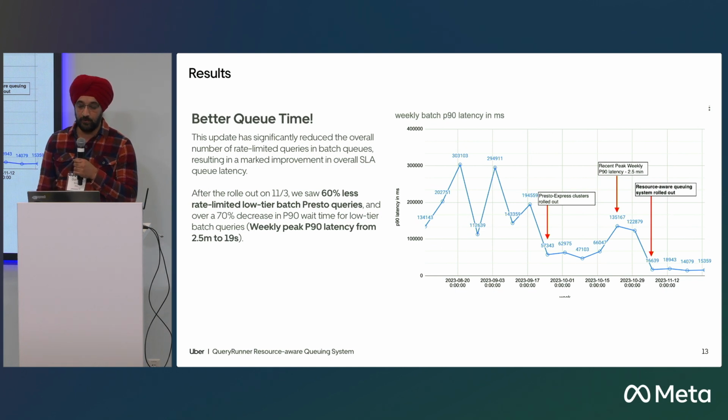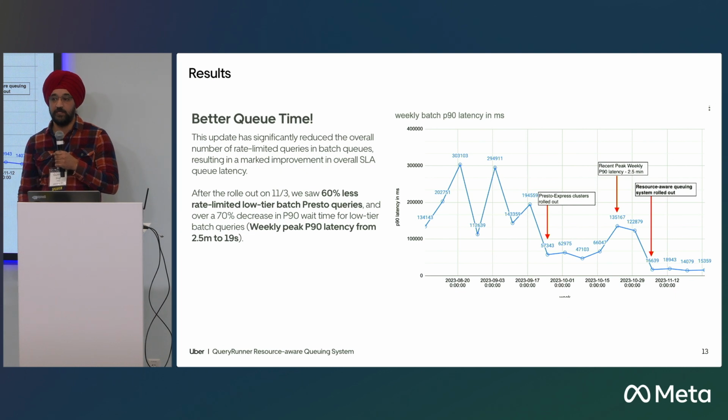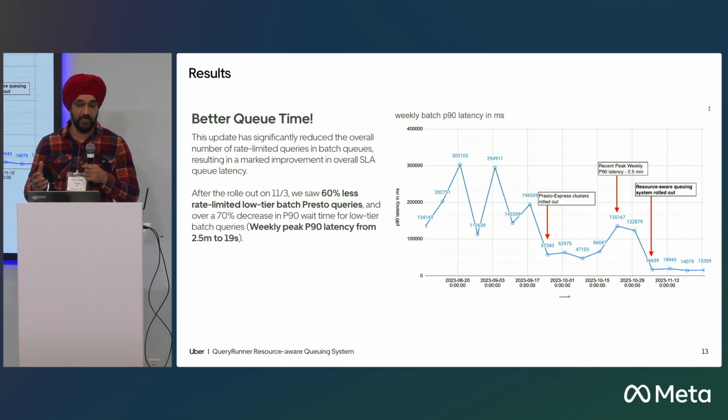So we have started looking at whether we can take the resource group functionality out of the Presto coordinator and implement it at a meta level, such as a Presto router. We are still investigating it, but we are looking for feedback from the community as to whether there are some existing good solutions out there already.